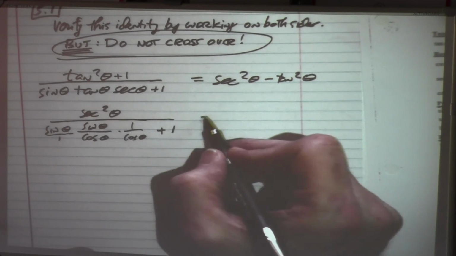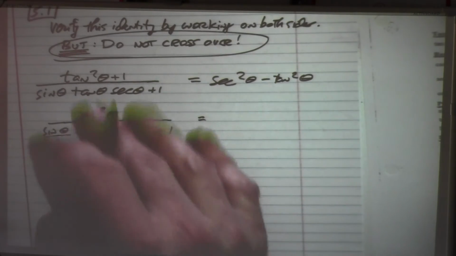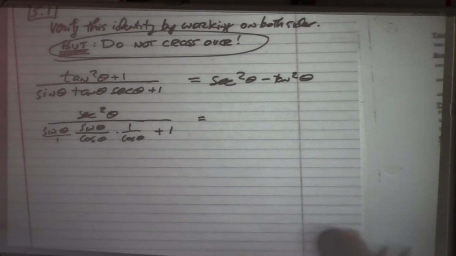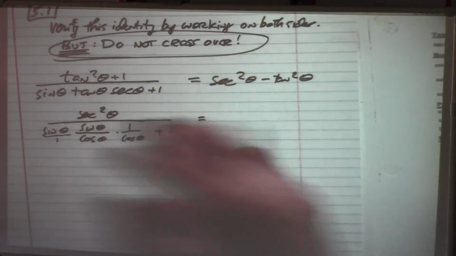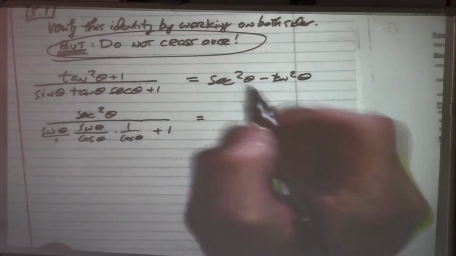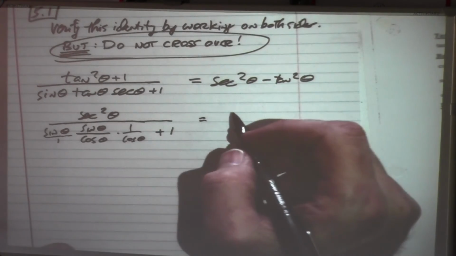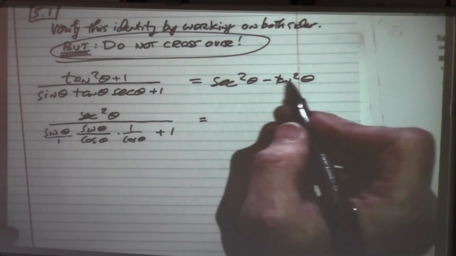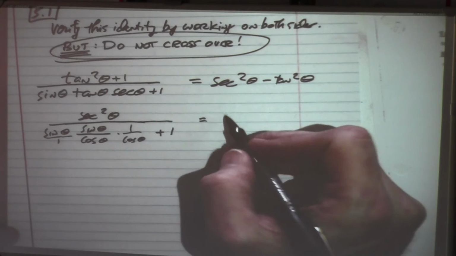Now, when you do this, you can work on one side for a while and then go to the other side and see if they're starting to meet, or you can just do one thing on each. It really doesn't matter, but I think I'll work on both at the same time and go back and forth. Again, I'm going to change both of these, secant and tangent, to sines and cosines.